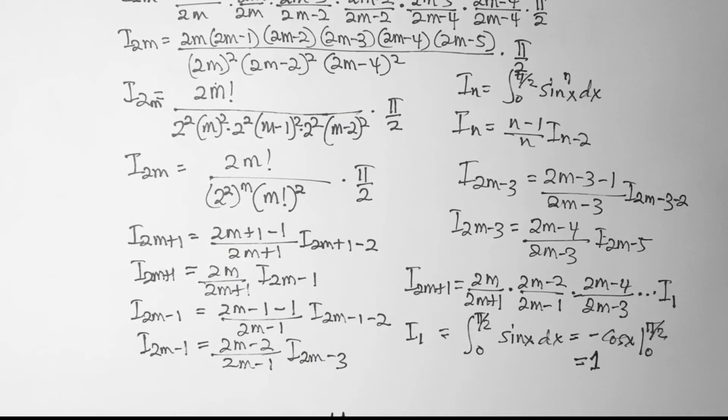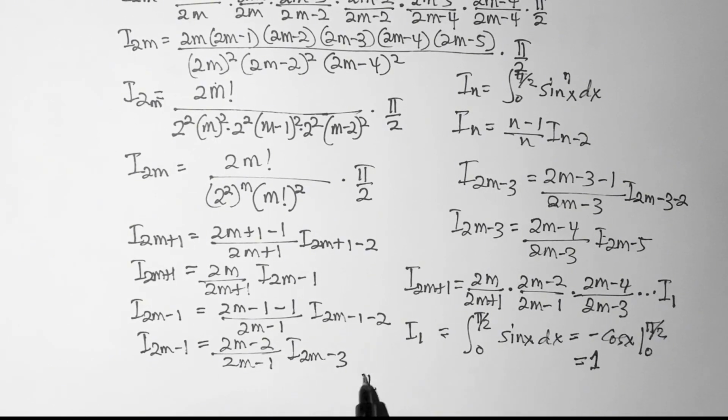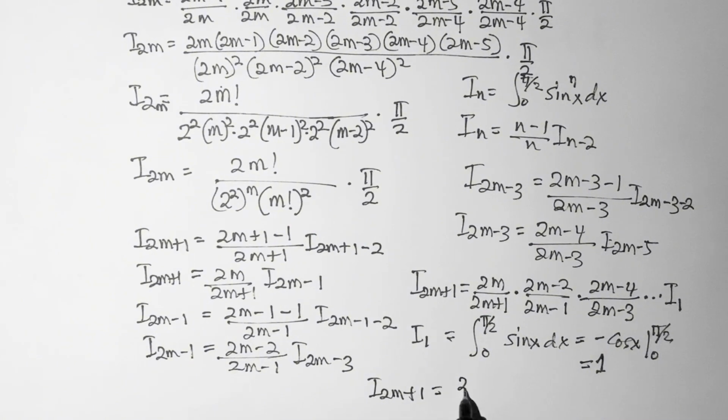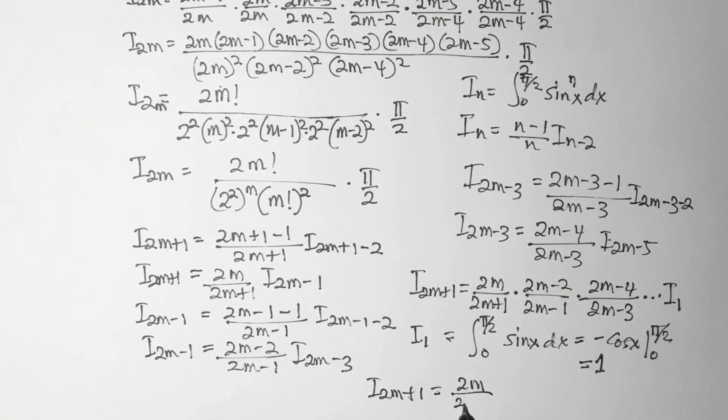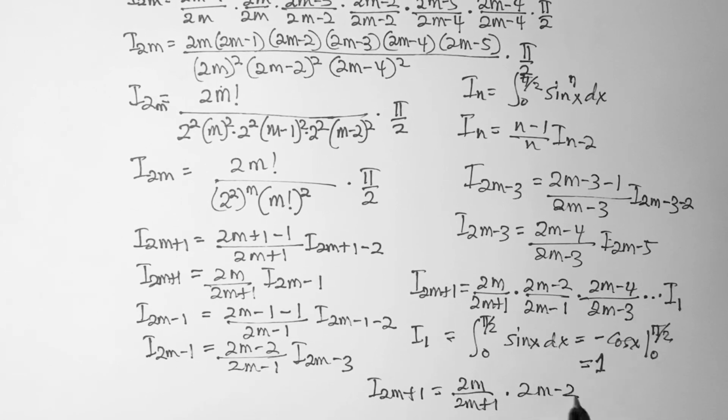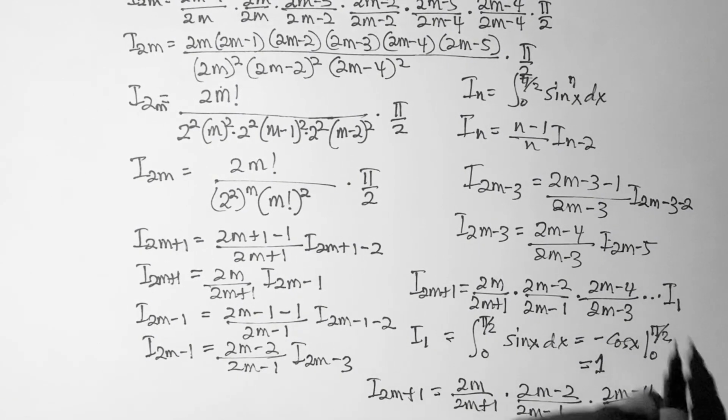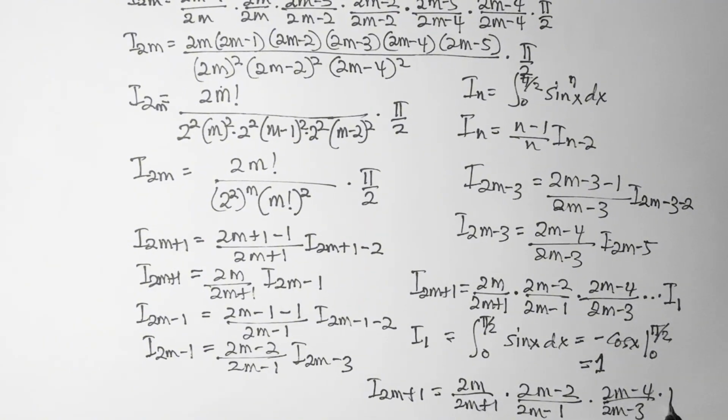So what it means is that I of 2m plus 1 is equal to 2m divided by 2m plus 1 times 2m minus 2 divided by 2m minus 1 times 2m minus 4 divided by 2m minus 3. I of 1 is 1, so times 1.